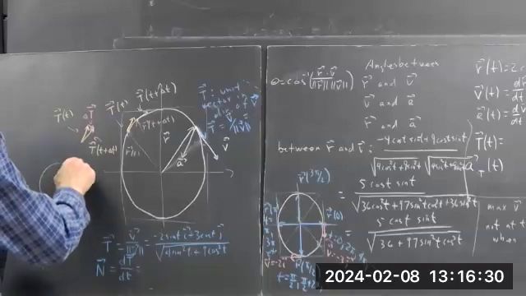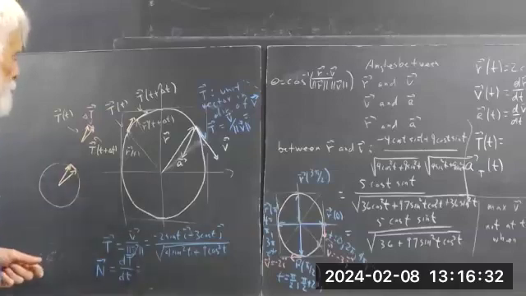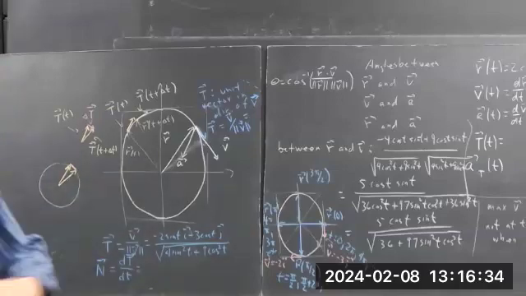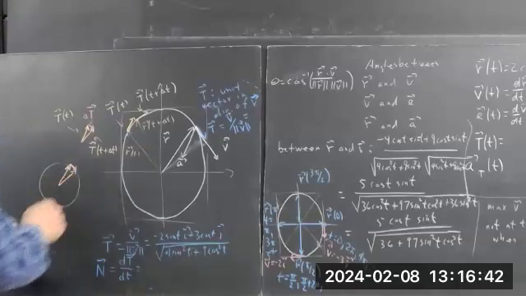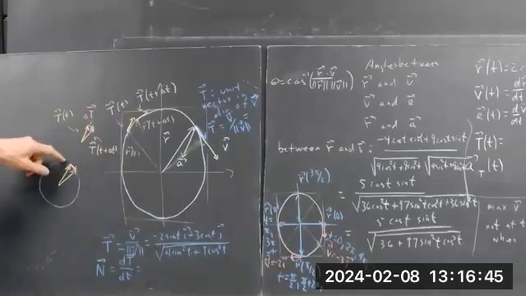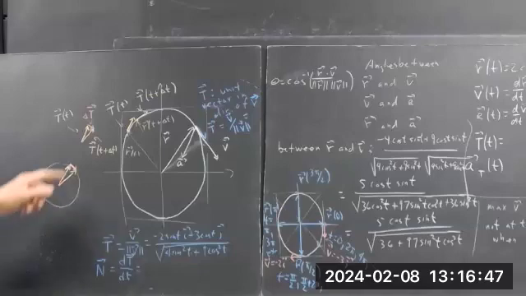Then they form a triangle with the delta T vector. First of all, it's obvious that that delta T vector is a chord of the circle, right?